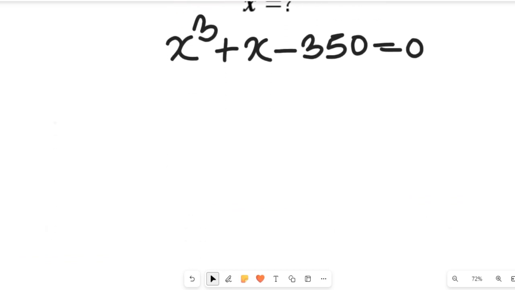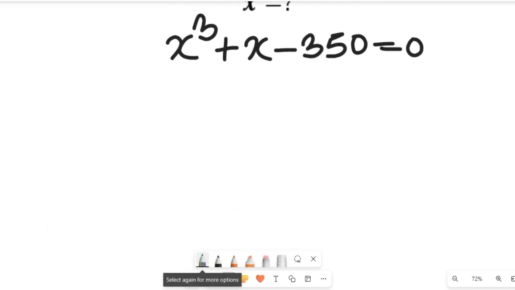Great. So having done that, the next thing that should come to our mind is to look for how we can solve this question using the principles of polynomials. But I'm going to apply a simple logic, and with that logic I can find the first solution and the quadratic solution to this expression.